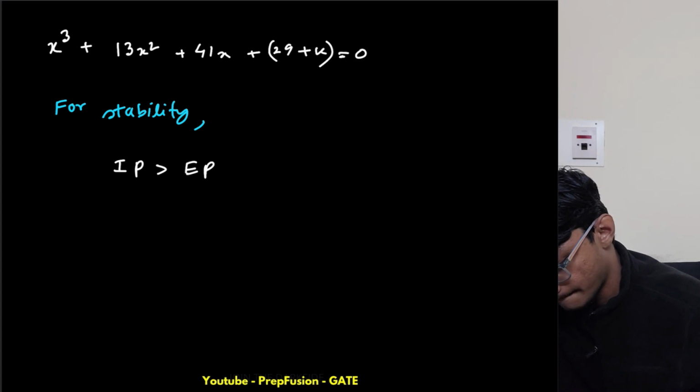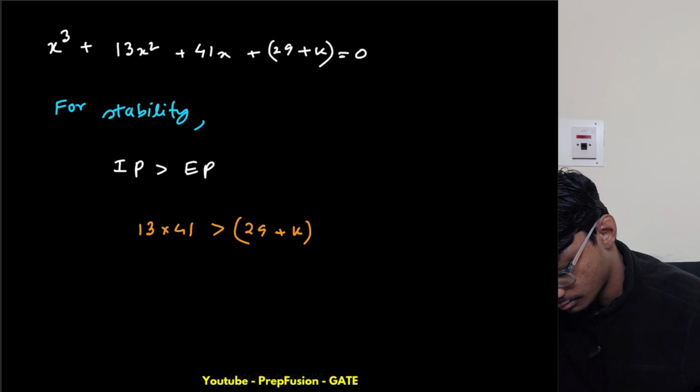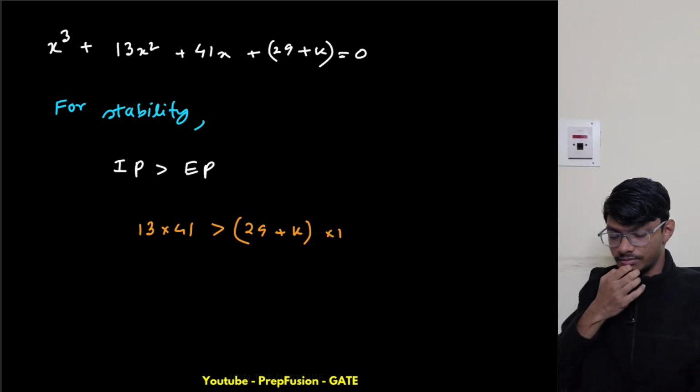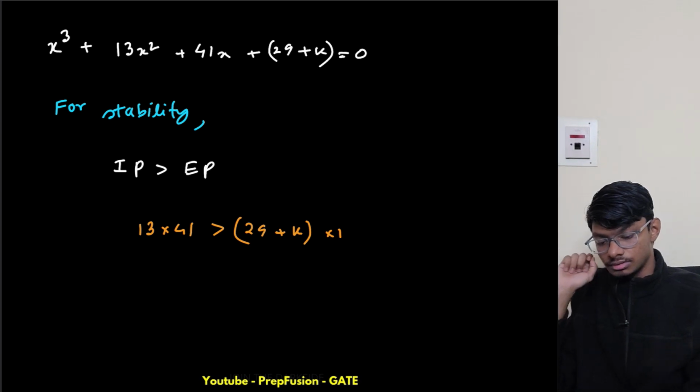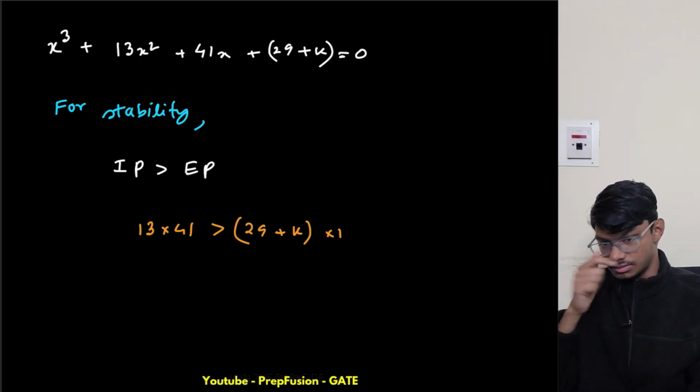So 13 times 41 should be greater than 29 plus k into 1. So this is basically what internal product and external product is.